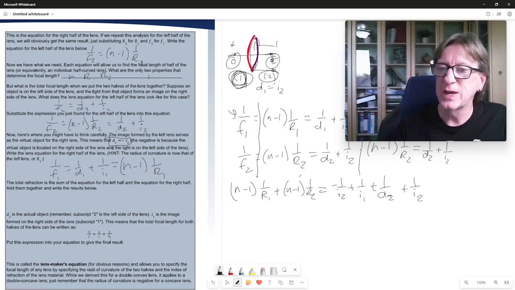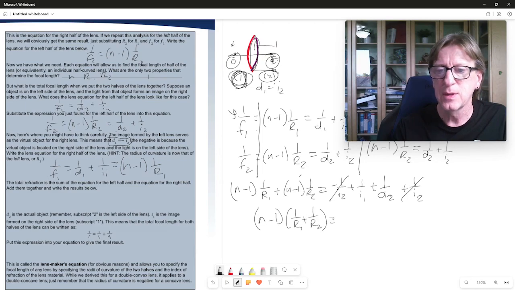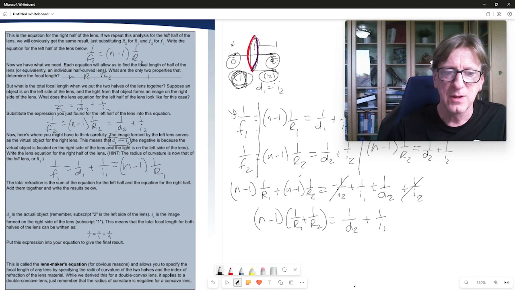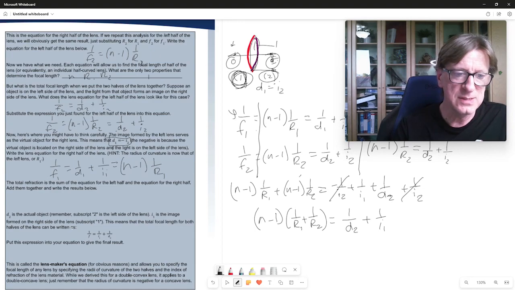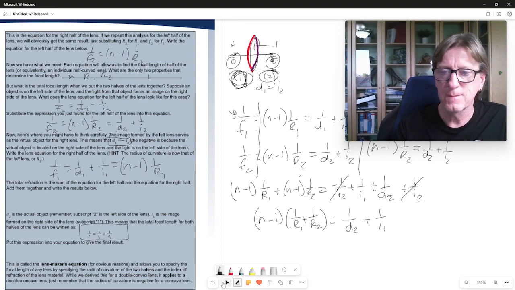So we can simplify a little bit. You see that these are going to cancel each other out, and I can combine these two. So I get (n minus 1) times (1 over R1 plus 1 over R2) must equal 1 over D2 plus 1 over I1, so that it fits the form of our typical lens equation.